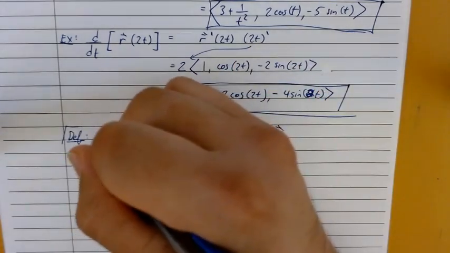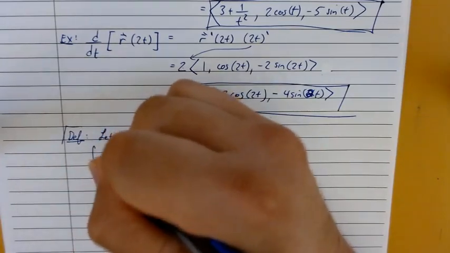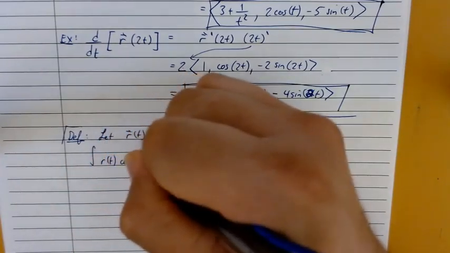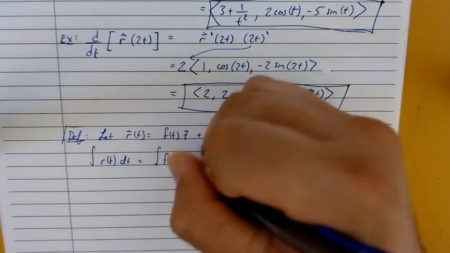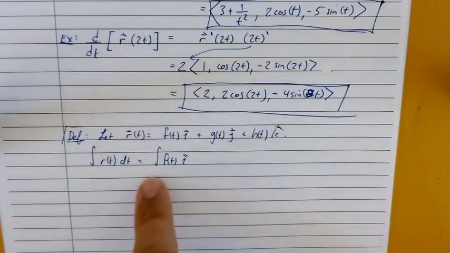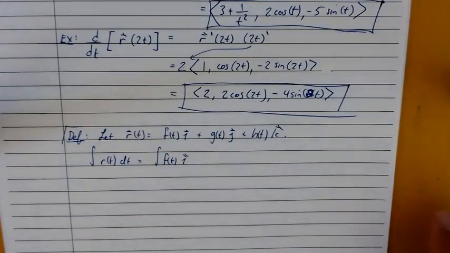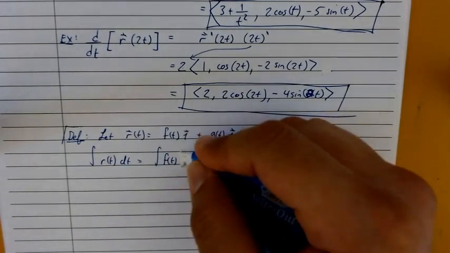Then the antiderivative, the integral of r of t dt, is simply given by the component-wise antiderivative of our vector. So the integral of f, I should say with respect to t, that's wrong.